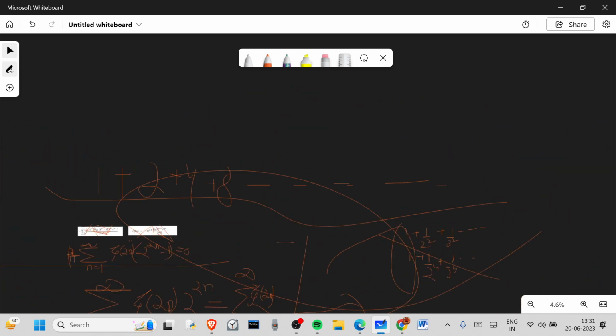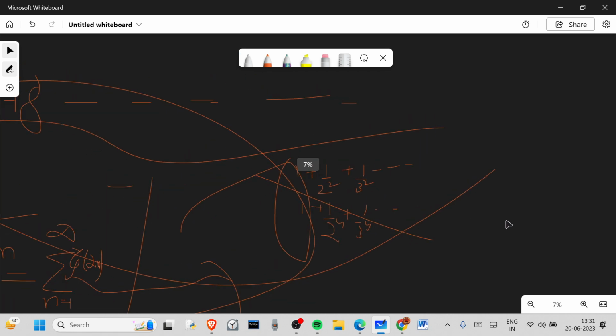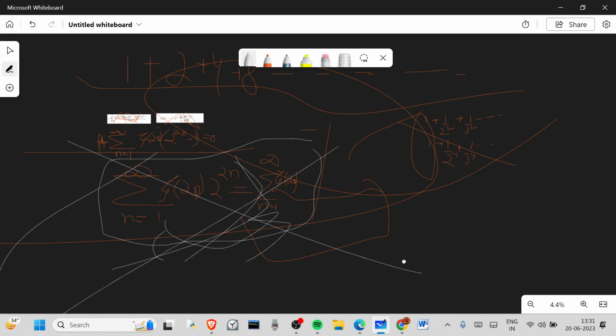Even I am not feeling very good. First of all, we found this result that if you multiply 2 to the power 2n with zeta at 2n, then it is equivalent to this, because it seems it would be greater, but then we realized both series are divergent, so even talking about them is a fool's talk.